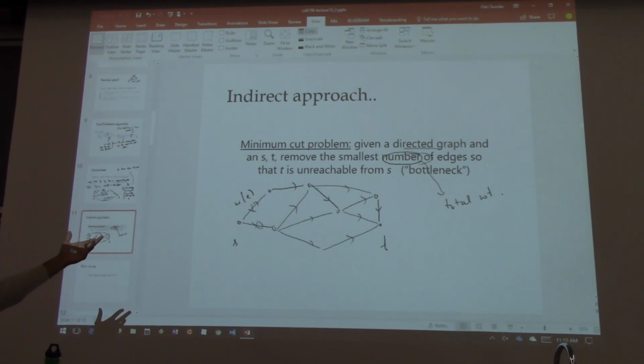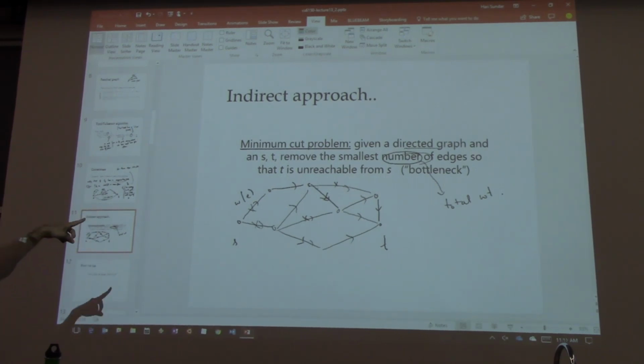So for instance, I could even have disconnected this, this, this, and this. If the sum of these edge weights was smaller than the sum of those two, then this would be better than disconnecting those two edges. All I want to do is remove edges of the smallest possible total weight so that S is disconnected from T. There's no path from S to T. So this is what is called the min cut problem.